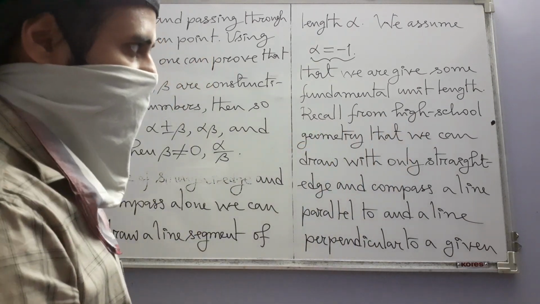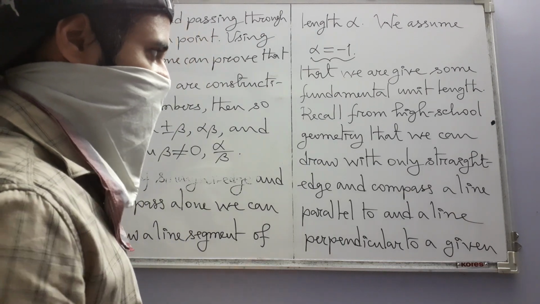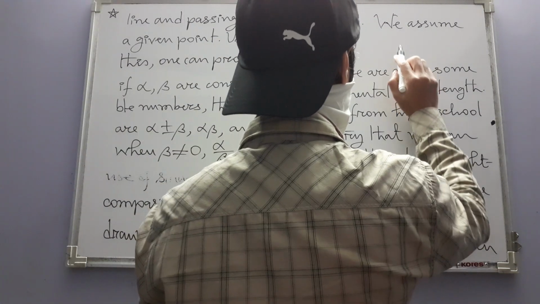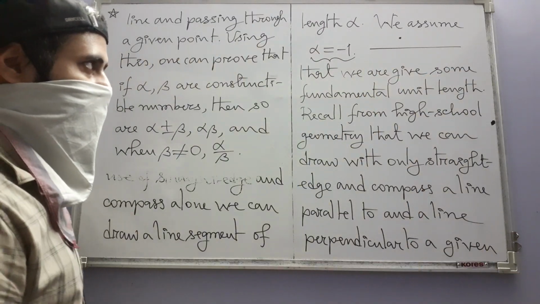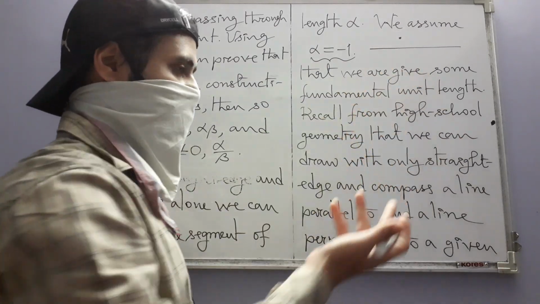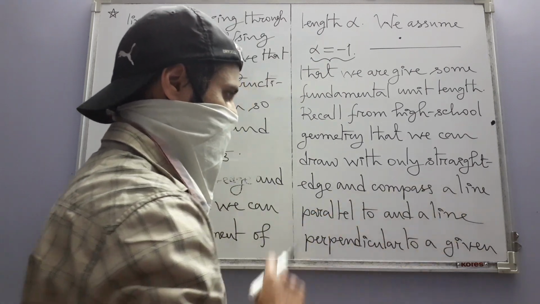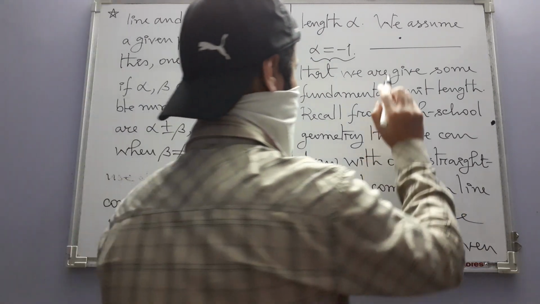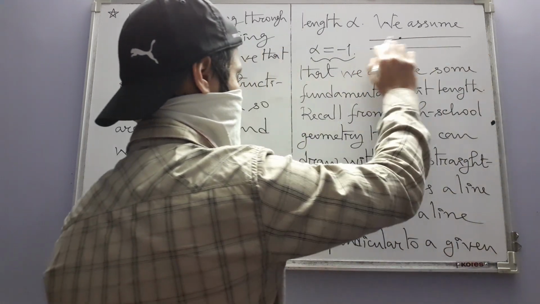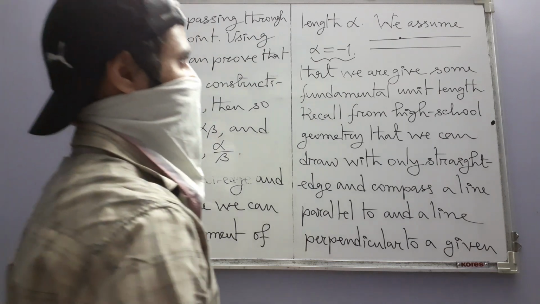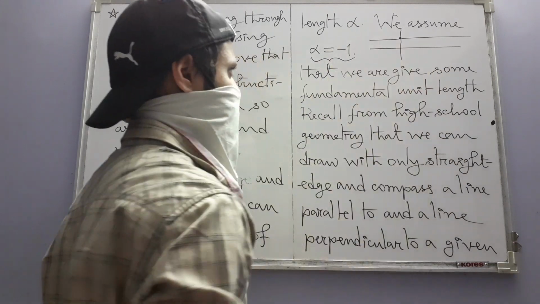Now, we are then led to recall one fact from high school geometry, that if we are given a point and a line in the plane, the point may lie on the line itself, okay. Then using only straightedge and compass, we can construct a line parallel to this given line and passing through that point, and also another line perpendicular to the given line and passing through that point.